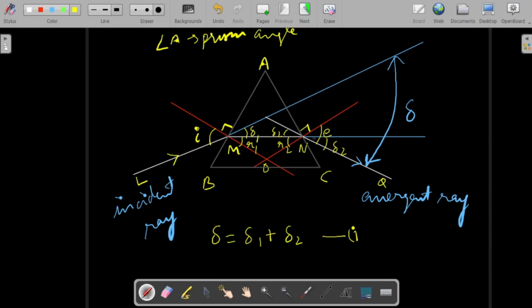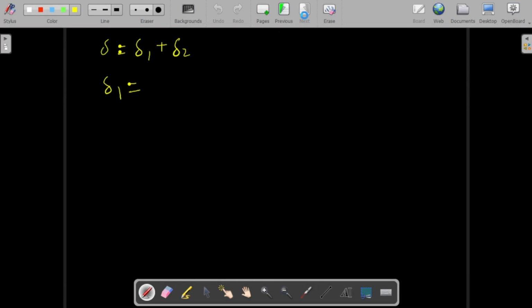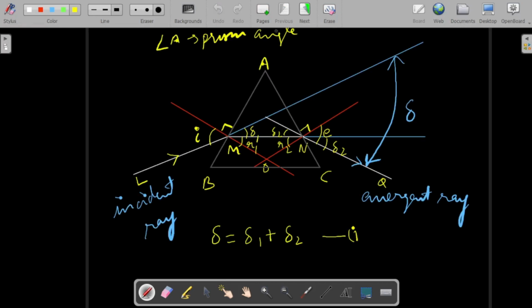Now we can see that delta 1 plus R1 is I by the vertically opposite angle property. So delta 1 will be equal to I minus R1. Now again going to the previous slide, delta 2 plus R2 is angle E, right?